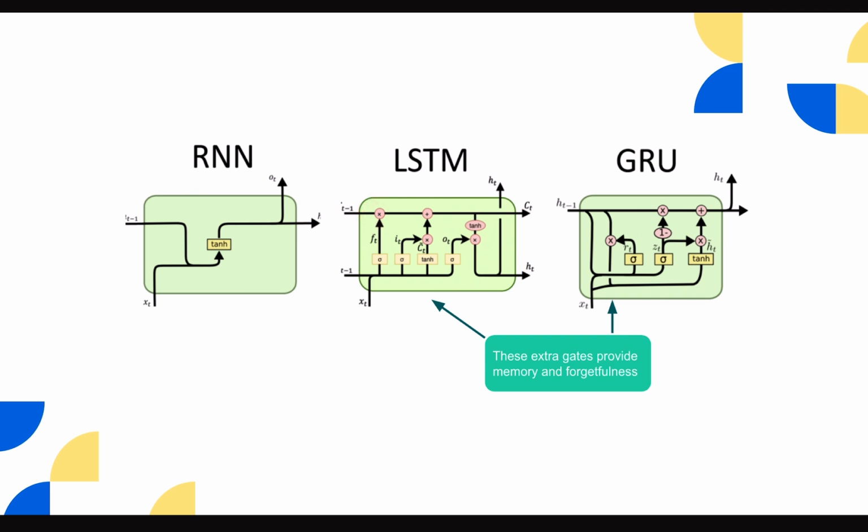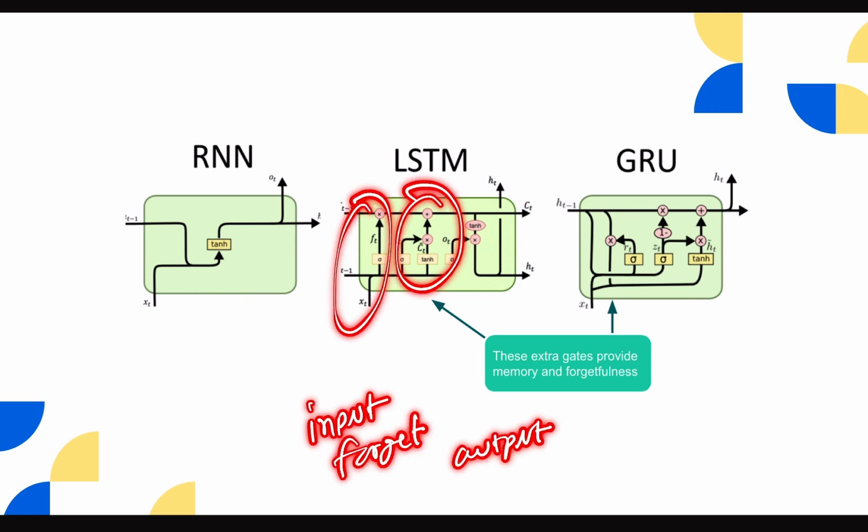So you can look at some of these gates that were introduced in LSTM. There are different types of gates. There is an input gate, there is a forget gate, and there is an output gate. Input gate, forget gate, output gate.